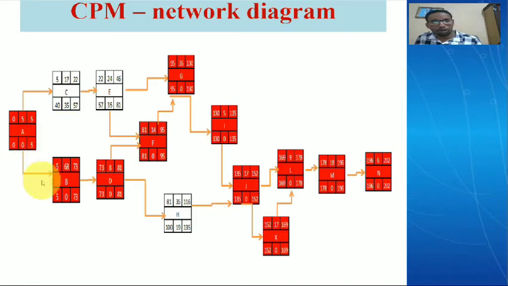As you can see, all the remaining activities, A, B, D, F, G, I, J, K, L, M up to N, are all on the critical path. So we will focus on speeding up those red activities, because if we delay even one single day, the entire project will be delayed.